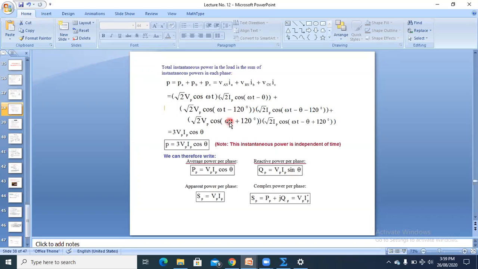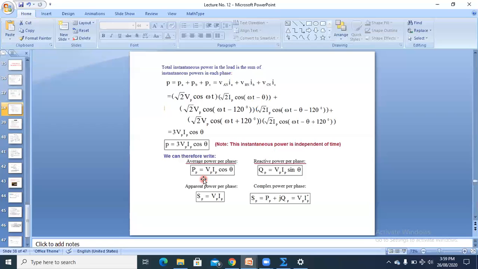So this will become 3 times Vp Ip cos theta. So this is the instantaneous power and it is independent of time, as we have found in the single phase system.